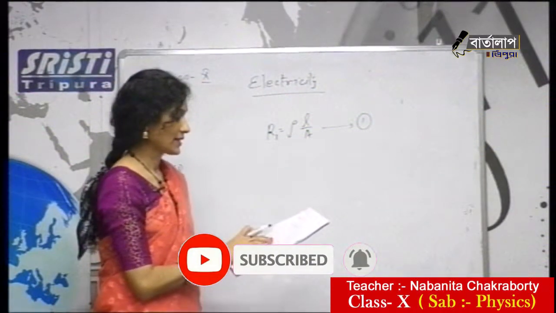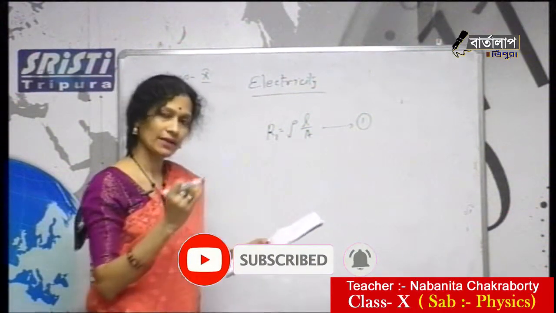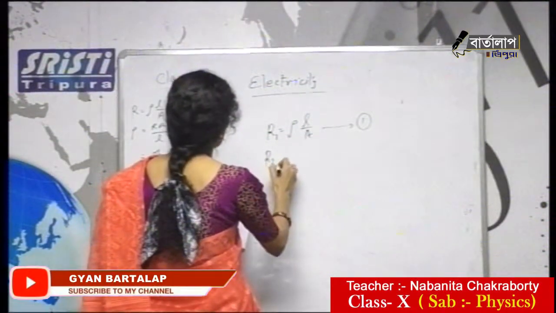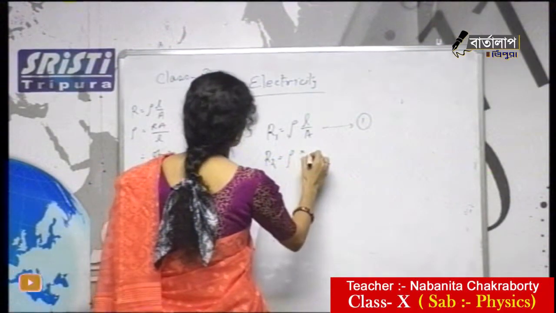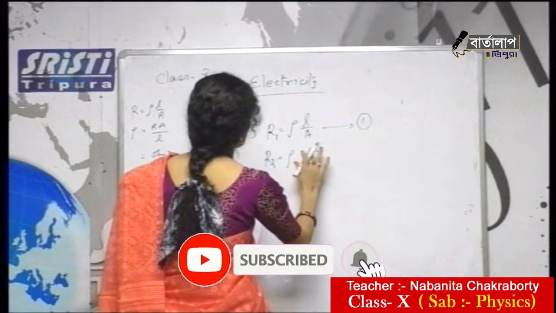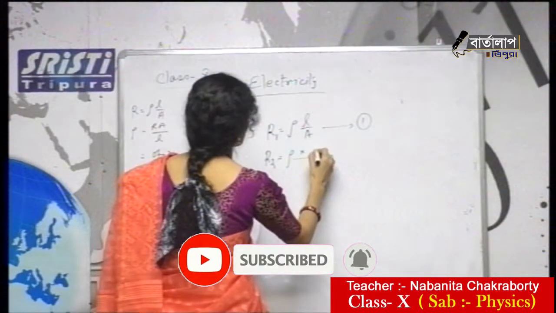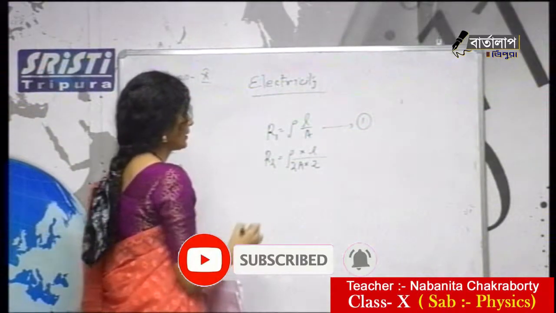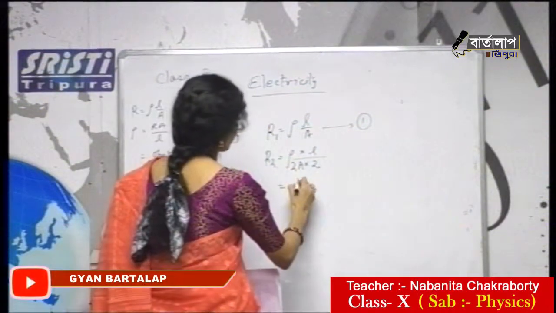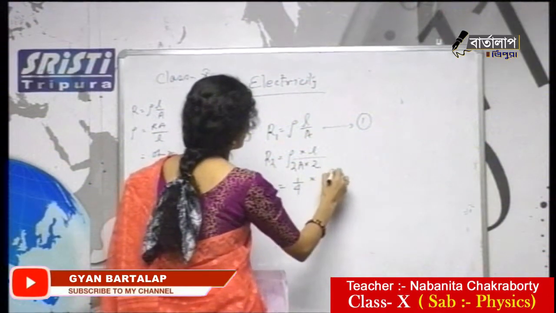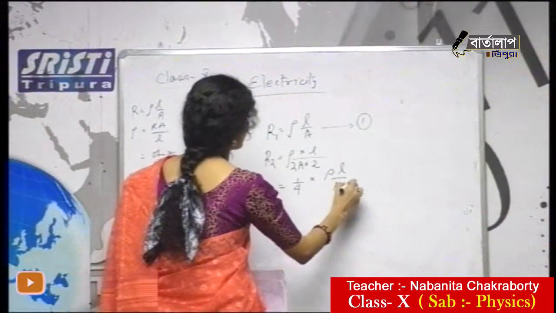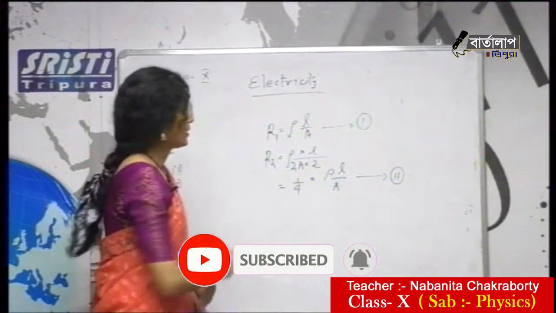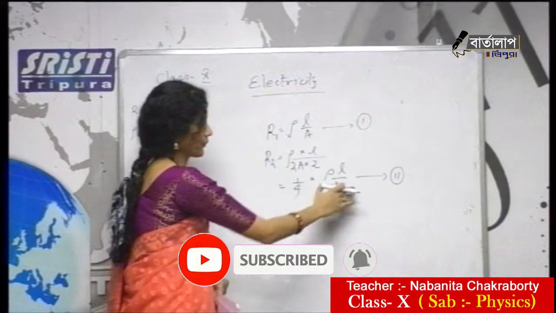In the second case, the length becomes L by 2 and the cross-sectional area becomes twice A. That means R2 equals rho into (L by 2) by (twice A). In that case, we can write 1 by 4 into rho into L by A. I am giving it number 2. So this is number 1, this is number 2.